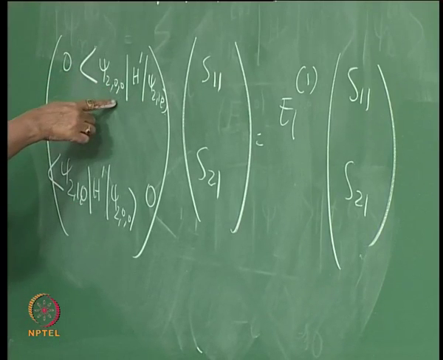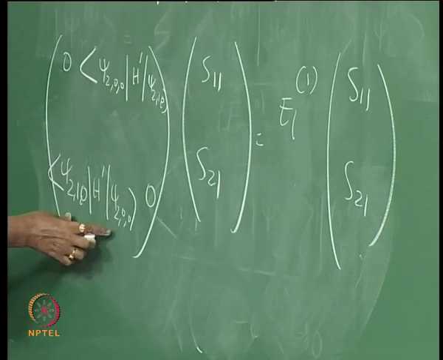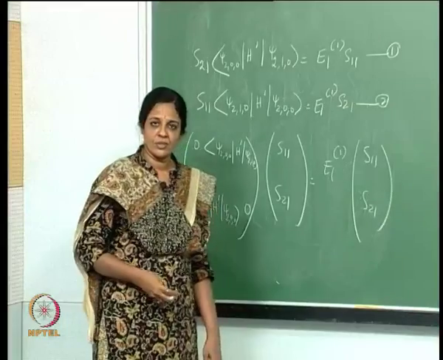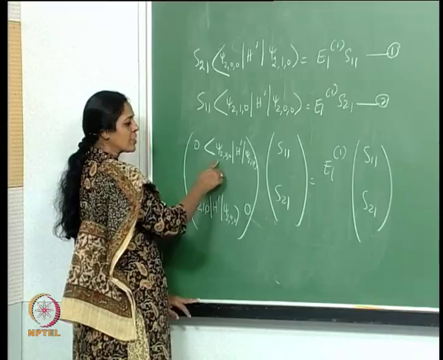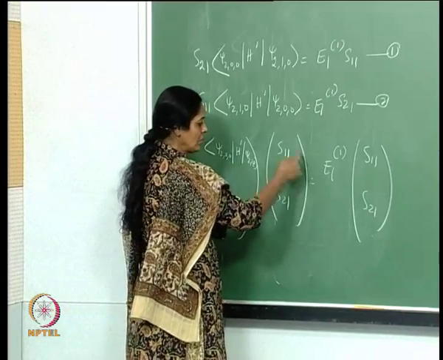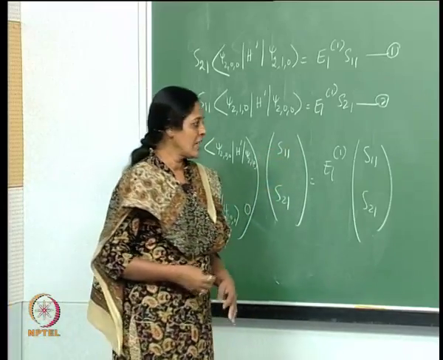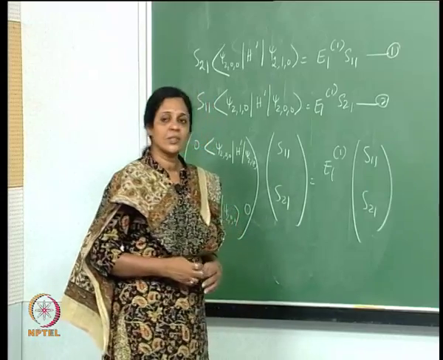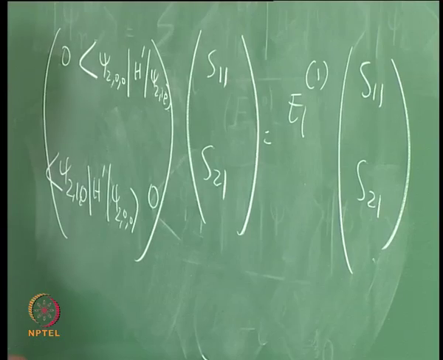This is the complex conjugate of that, but we are dealing with real functions. So, if I compute this matrix element, that is the same as this, and there is a 0, I have an eigenvalue equation. The job is to solve this. First, explicitly evaluate this matrix element, solve for the eigenvalue and the corresponding eigenvectors, which means I get S11 and S21, and therefore I have phi 10. So, that is the first of the equations.